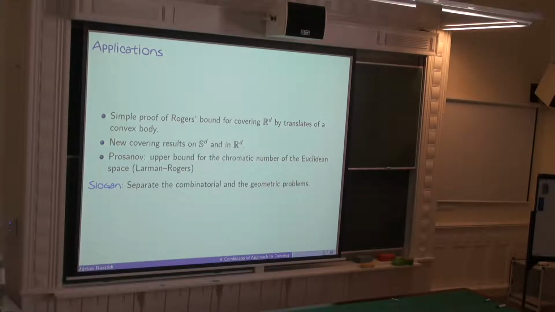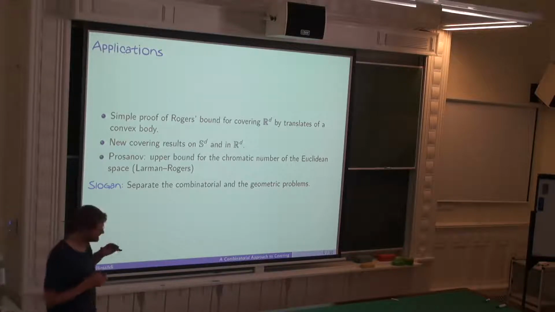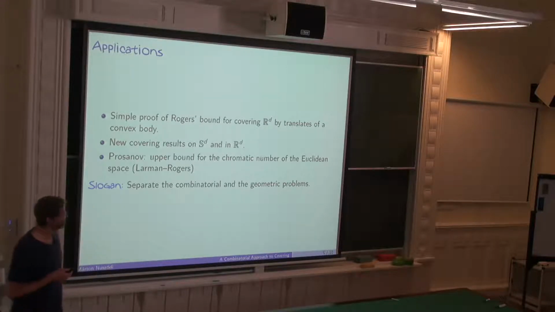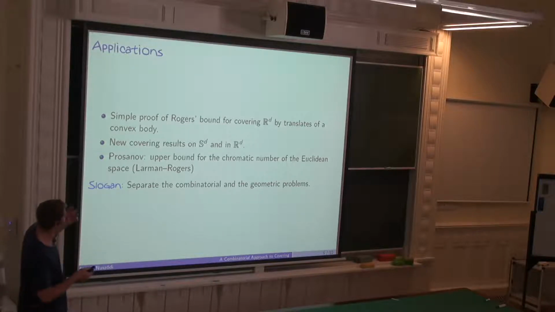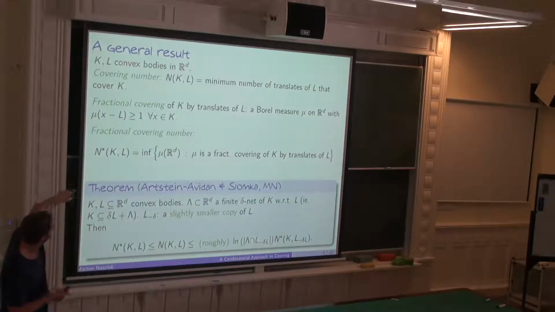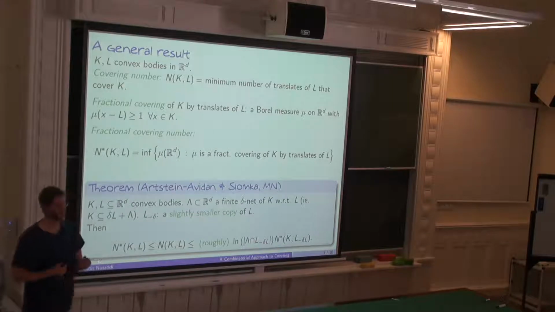The philosophy here is you have a covering problem and you separate the geometric part and the combinatorial part. Going back to this theorem, what's nice is that we separate it in a formula.